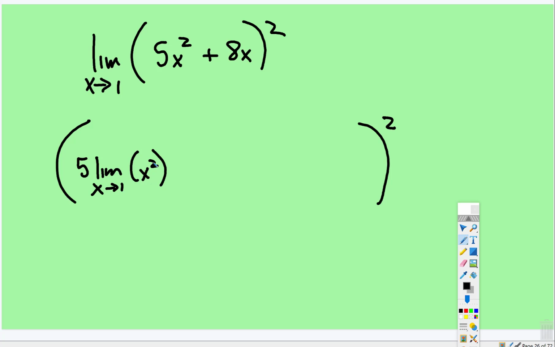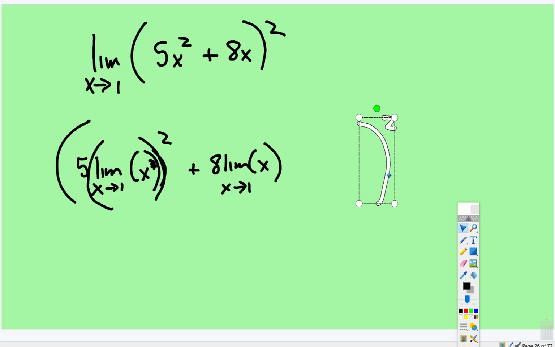And technically, this x squared, we could rewrite that as that if we're going to use all the laws. And then the limit as x approaches 1, this 8 can be brought out. So using all the limit laws, it would look something like that.